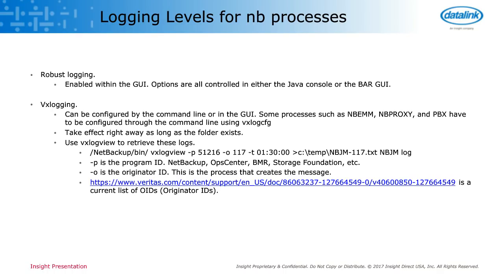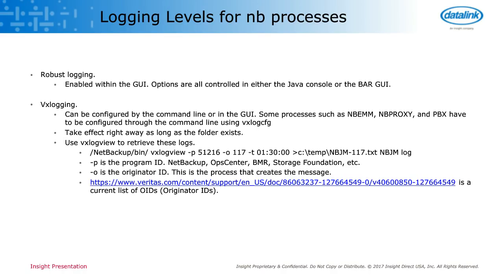This can be as little as a few seconds to a couple hours, and the log size, of course, will grow as that time frame is expanded, but it's done from the current time. So in this case, give me everything for the program ID 51216, which is NetBackup, for originator ID 117 for the last 1 hour, 30 minutes. And then we redirect that output to the NBJM text file.